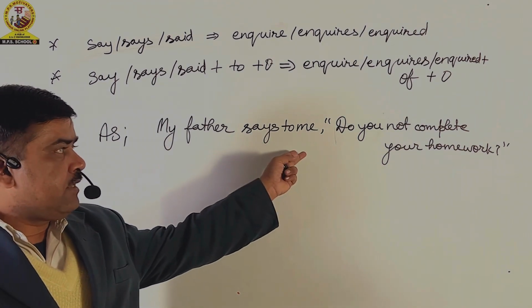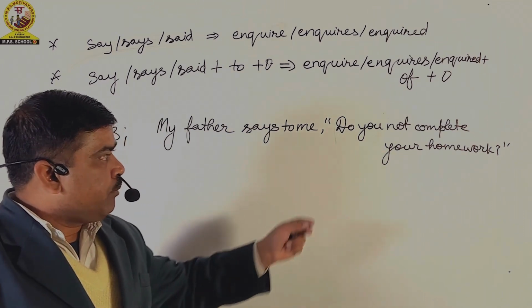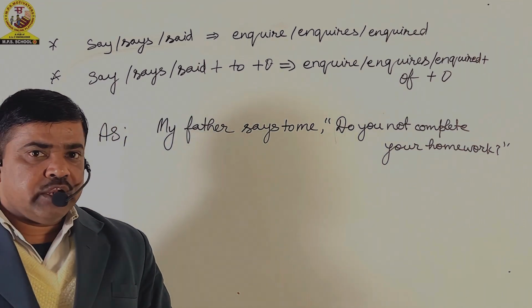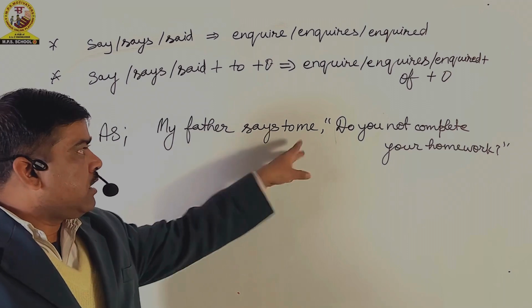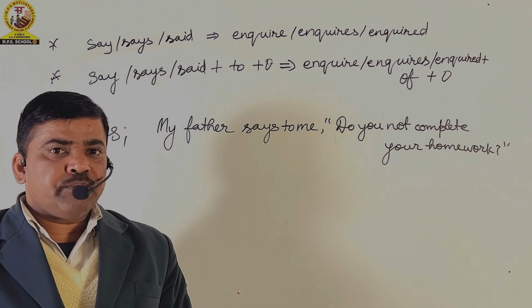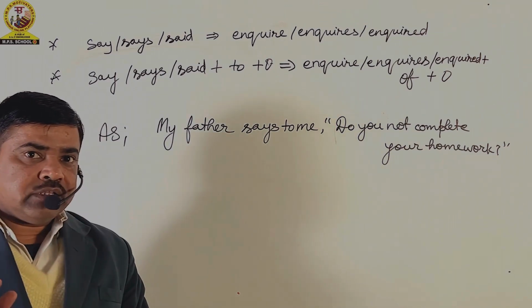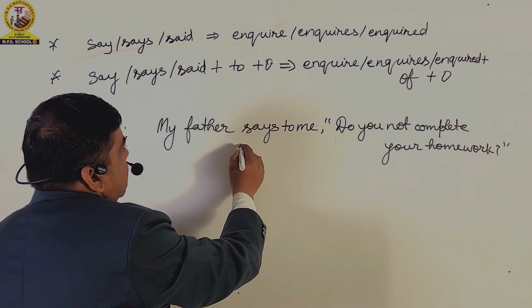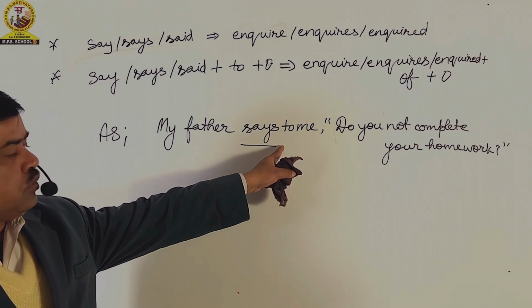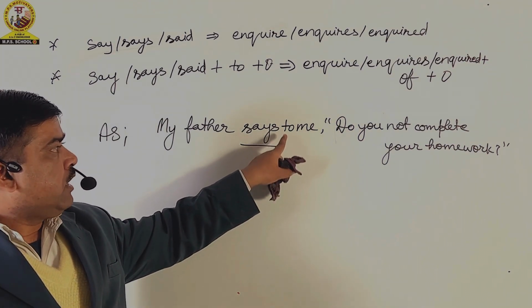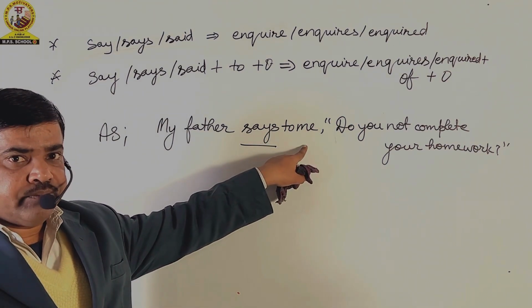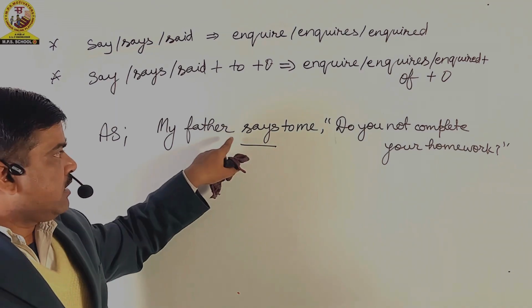Friends, I have taken a sentence in direct speech as an example. My father says to me, do you complete your homework? Here we notice that after says to and after to an object me has been used in this sentence.